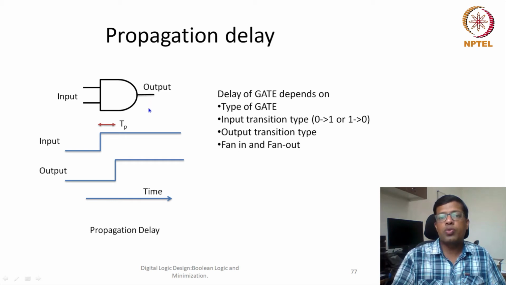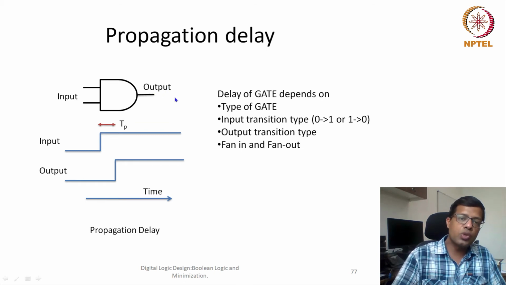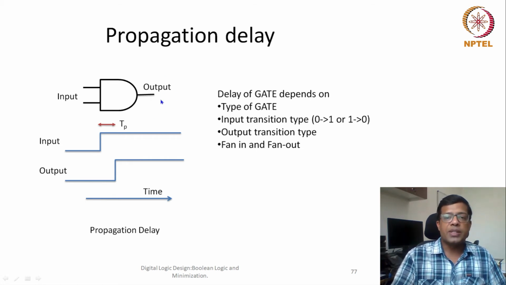So 1 to 0 would require a different delay, a different fall time, and 0 to 1 would require a different rise time. These transitions may cause different delays.